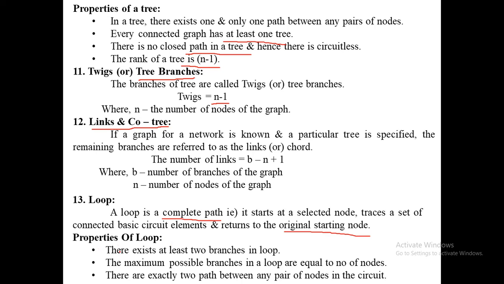Properties of a loop: there exist at least 2 branches in a loop. The maximum possible number of branches in a loop is equal to the number of nodes. There are exactly 2 paths between any pair of nodes in the loop.